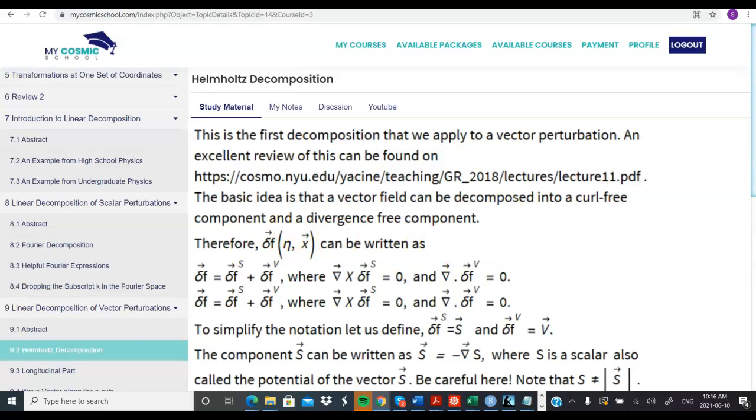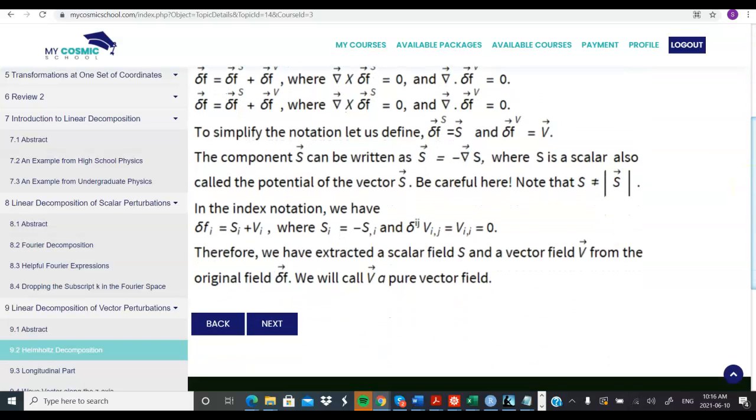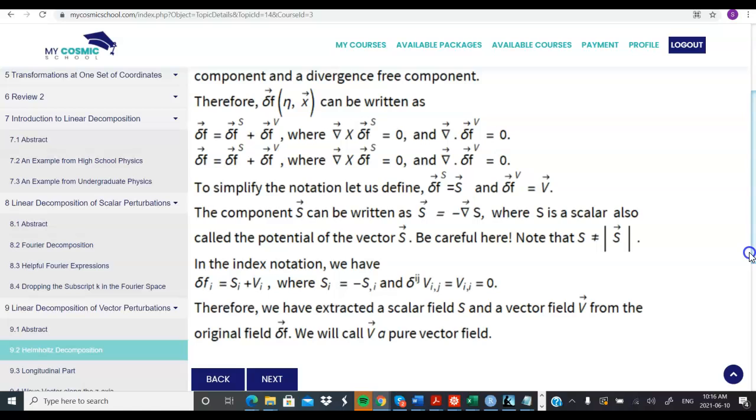So we are decomposing this 3-dimensional Euclidean vector. That's why we have put i here, not alpha, because Greek indices would mean that we are looking at 4 dimensions, and ijk means that we are looking at 3-dimensional Euclidean space.